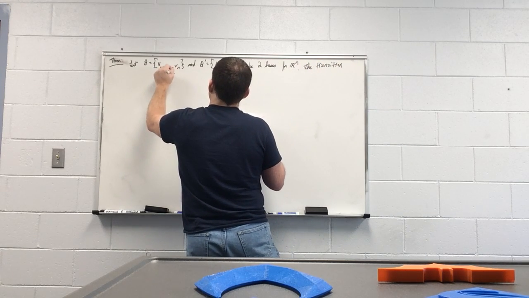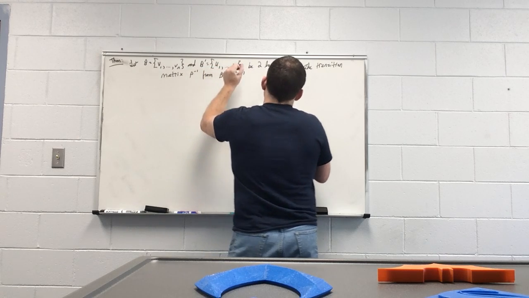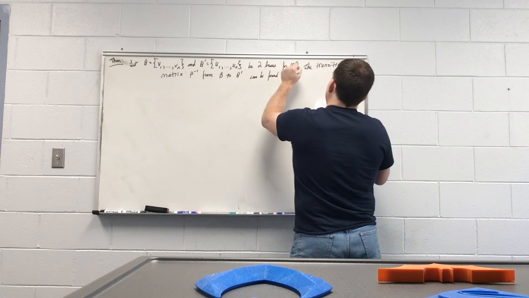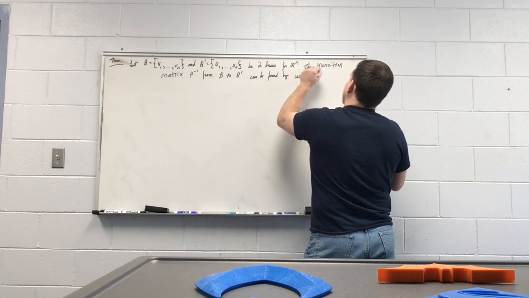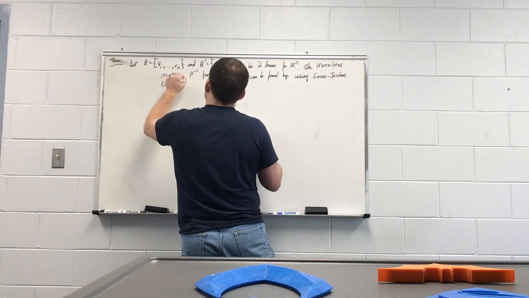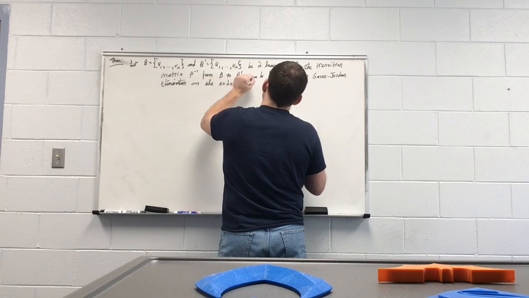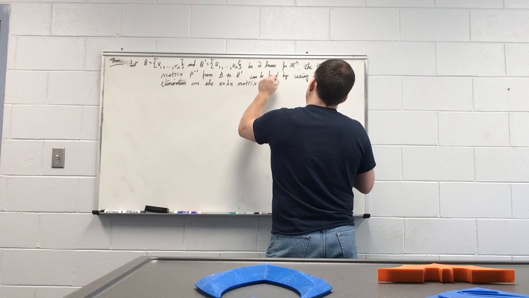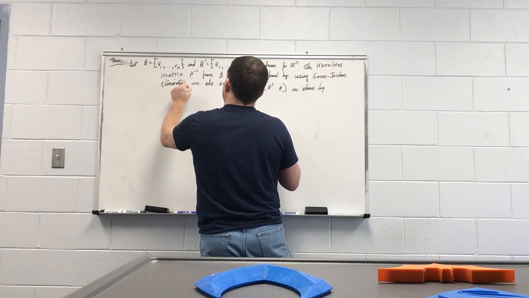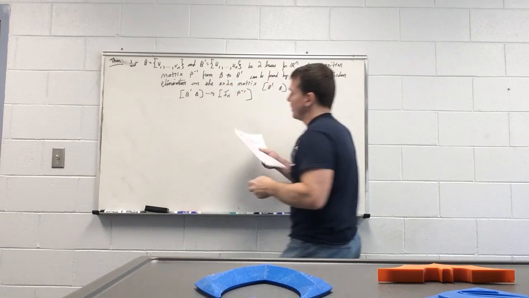The transition matrix P inverse from B to B prime can be found by using Gauss-Jordan elimination on the n by 2n matrix B prime B, as shown by B prime B to I sub n, P inverse.